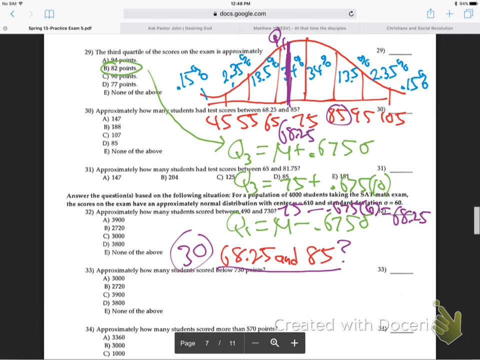How much of the game is over? 25%. All of this to the left of Q1 is 25%. That's what it means to be Q1.